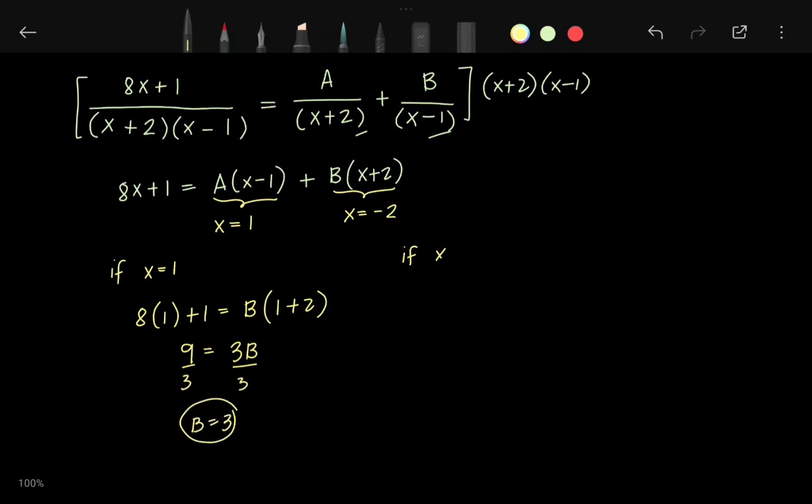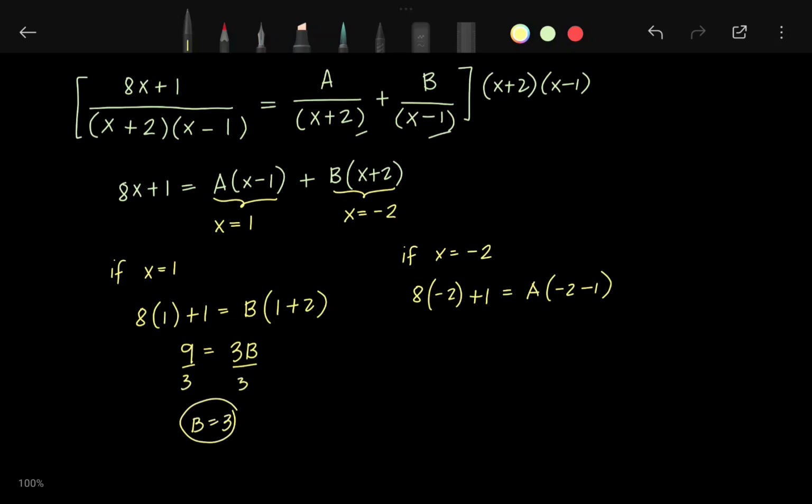On this side, if x is equal to negative 2, we already know that this becomes 0 anyway, so we're just going to ignore that. And let's focus on A only. Substitute x. 8 times negative 2 plus 1 equals A times negative 2 minus 1.